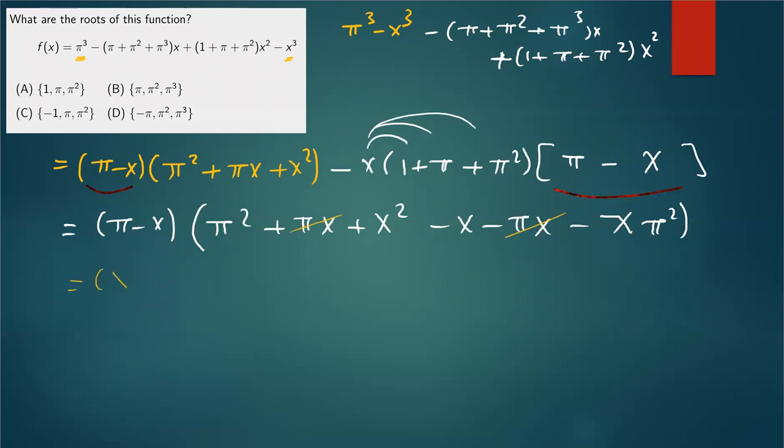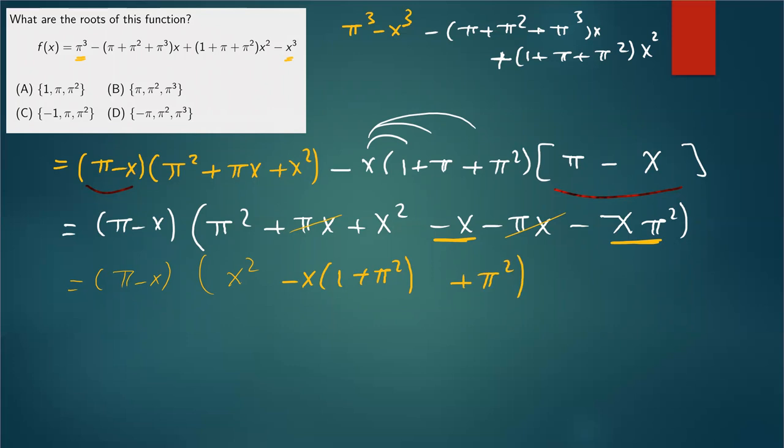It will be (pi minus x), and here I have one term of x squared, and I have negative x and also minus pi squared x. So I will take x and write here (1 plus pi squared), from this one and this one. Now we have only pi squared left, so it's plus pi squared.